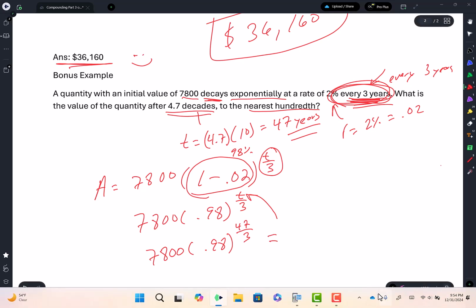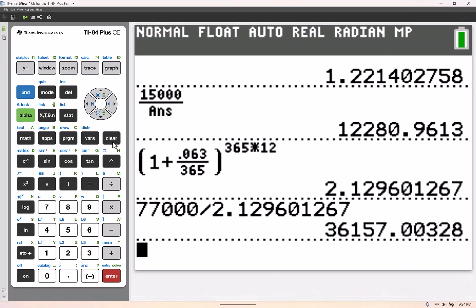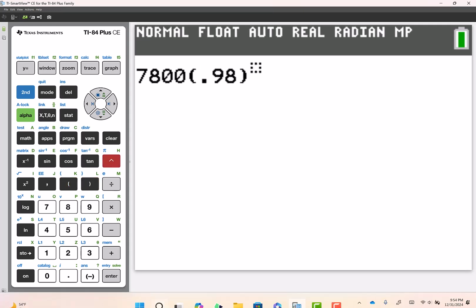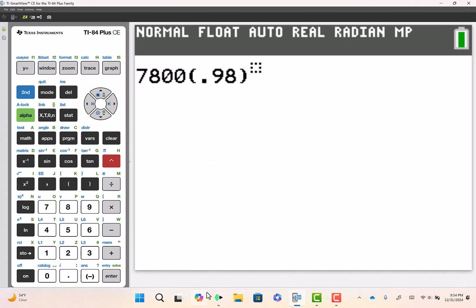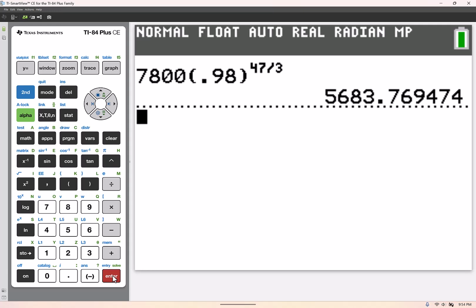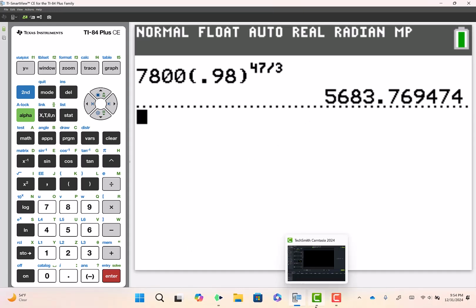So 7,800 times 0.98, because that's how much you have left, to the power 47 over 3, because that's going to tell us how many 3-year cycles we've done. And there it is, 5683.7.